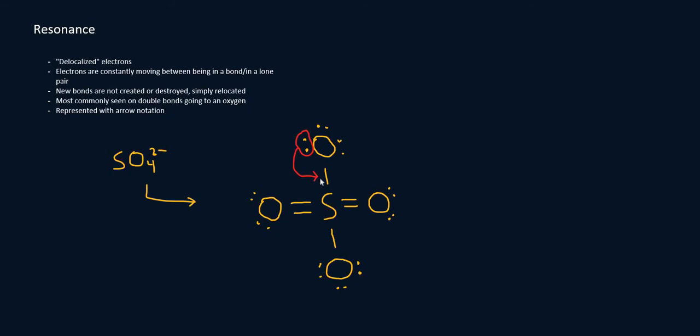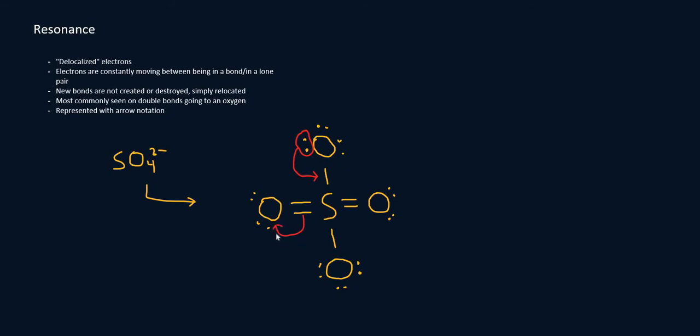But like I said, for every new give, there's a take. To give this new double bond to this oxygen, we have to go to another oxygen, one of these two down here, and take away one of these double bonds. It doesn't really matter which one, but I'm going to take away this one. I'm going to draw an arrow pointing to this oxygen.